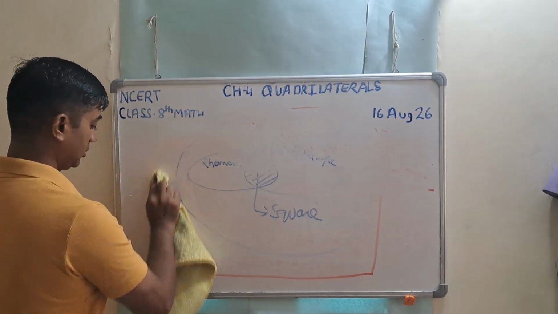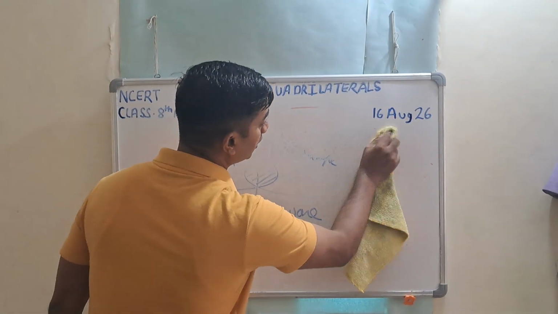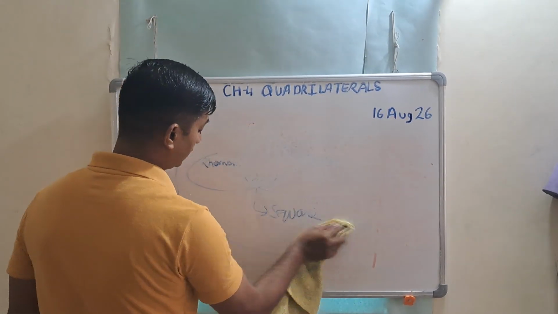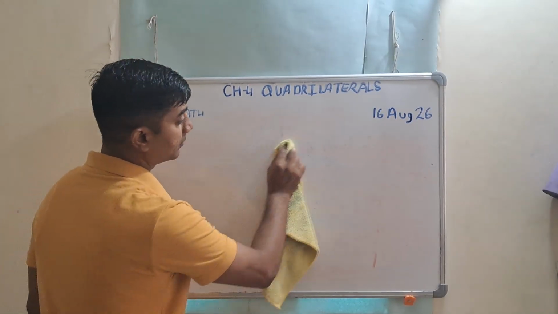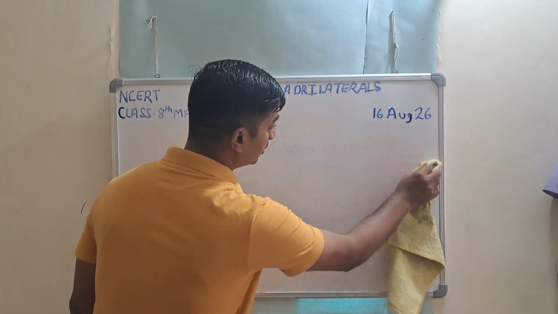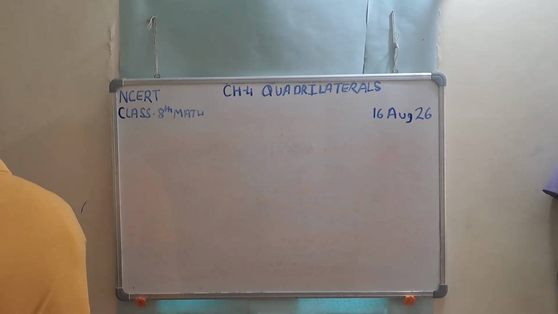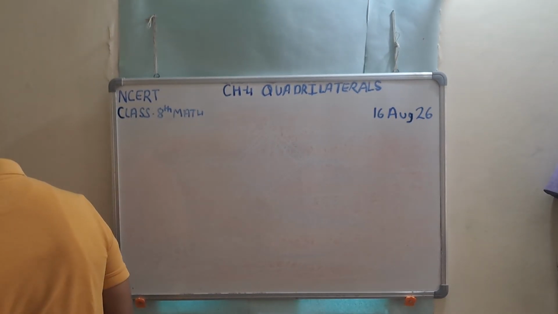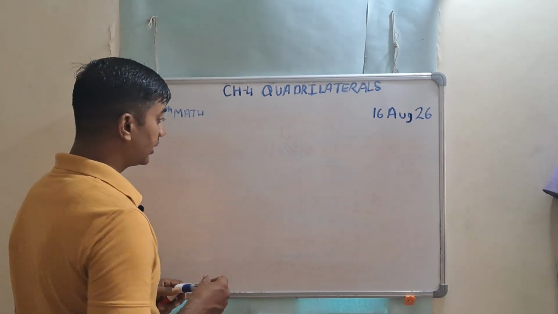Now we will study some more information about the rhombus, that how the diagonals make angle between them. And that is our deduction number 10.